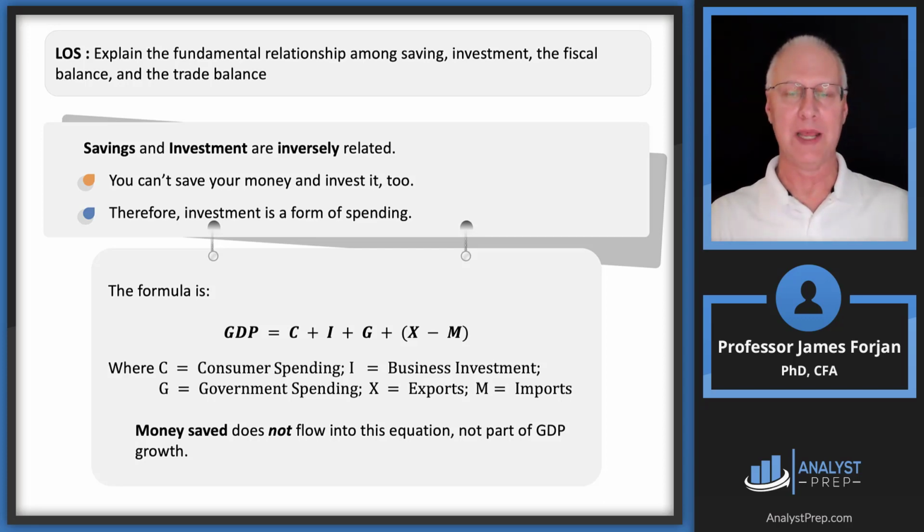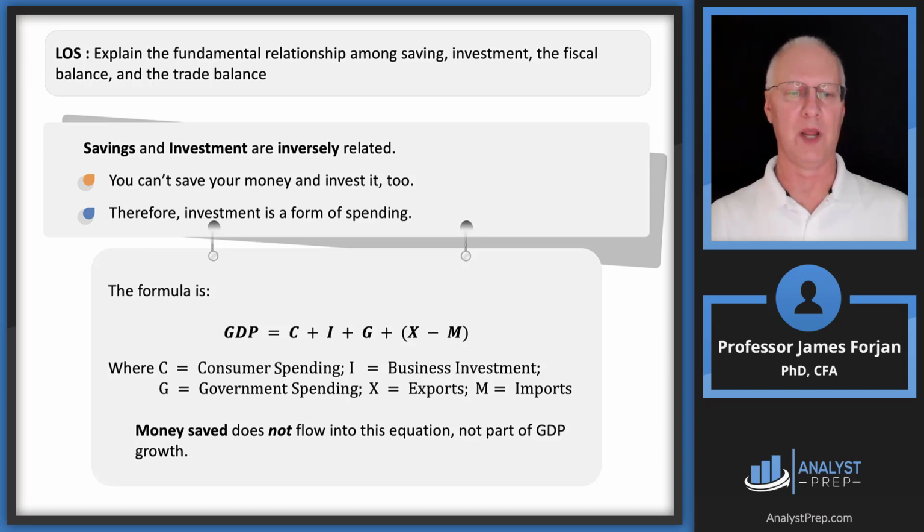But what's happening inside of the way the government keeps track of this is that investment is a form of spending. And so there's that formula again that I had briefly in one of those earlier slides. There's GDP: we've got consumer spending, we've got investment on the business side, we have government spending, and then either the trade surplus or the deficit.